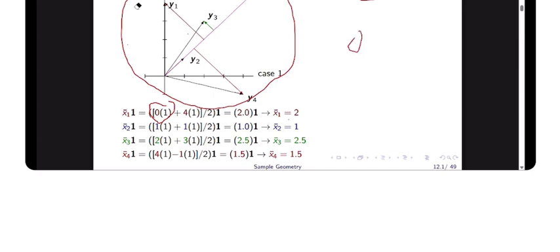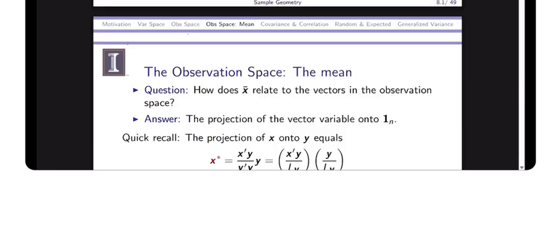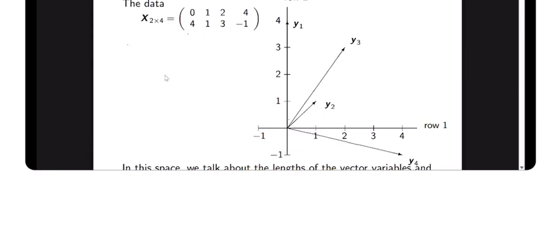Give me a second. Some of you may be wondering how do we have 0 and 4 and stuff like that. Let me go back to the data itself. I'm using this. Can you see this guy? This is what I'm still using. We got two observations, four variables. Now, how do you find the mean? Using the idea of projection.